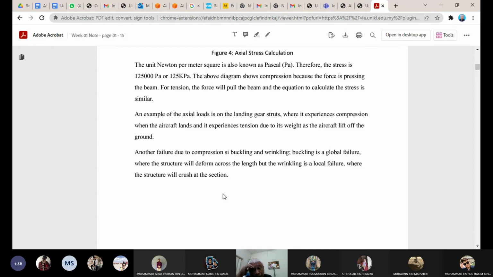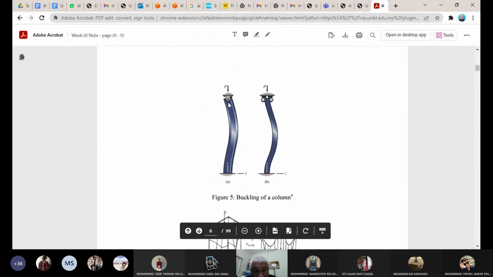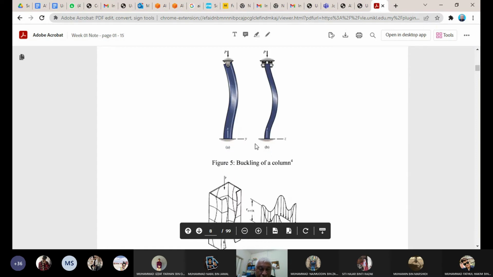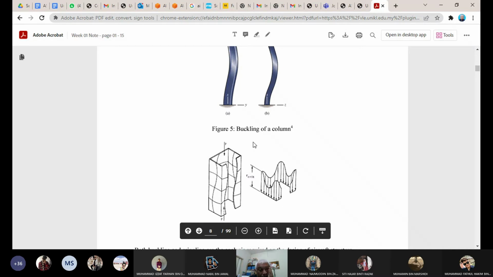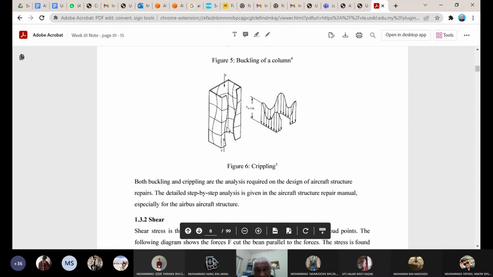If you see the structure deform locally and wrinkle, we call it crippling failure. These two also need to be studied on the aircraft structure. So it's just a pipe and you apply the force, it bows and is no longer straight. Crippling is a localized failure. You push this pipe and you can see it start to wrinkle around the section.